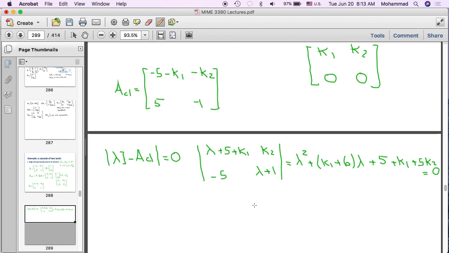So we can rewrite this equation one more time. Lambda squared plus (K1 plus 6) times lambda plus (K1 plus 5 K2 plus 5) equals 0.